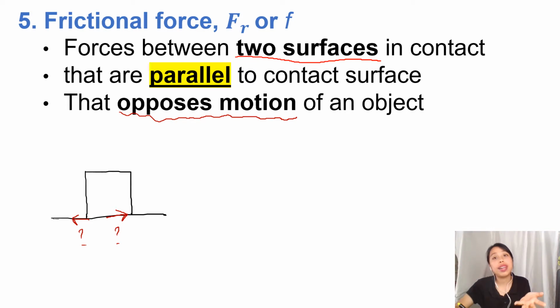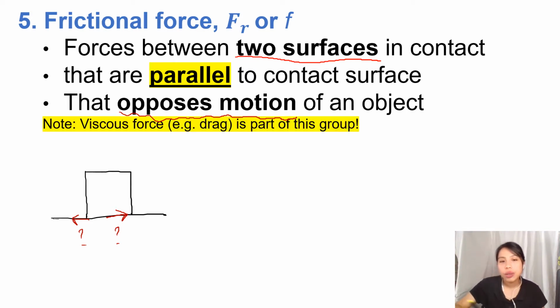One thing to note is that we looked at viscous forces and drag forces. A viscous or drag force is also a kind of frictional force, just that it's the contact between the object and the fluid. The fluid can be you trying to swim in water or you flying through air. That's also frictional force, also known as air resistance.